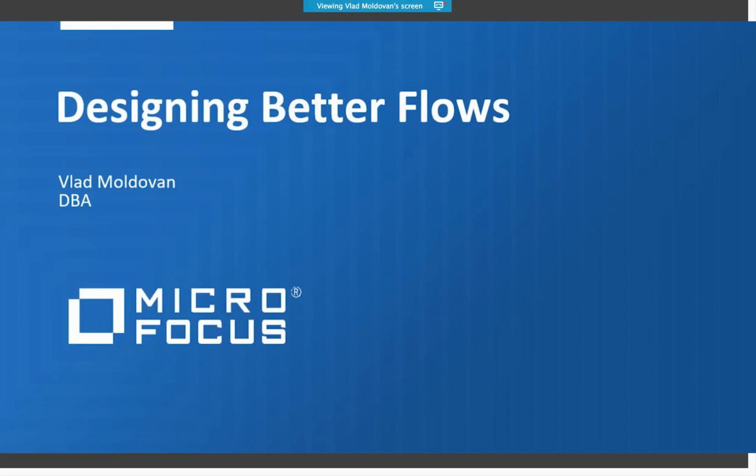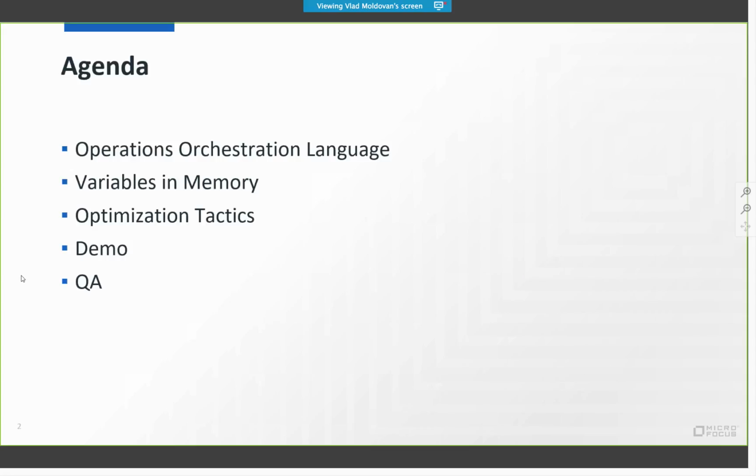So the topic of today's presentation is going to be split up into several categories. First we are going to talk about operations orchestration as a programming language. Basically, note the similarities between traditional programming languages and the flows authored in operations orchestration.